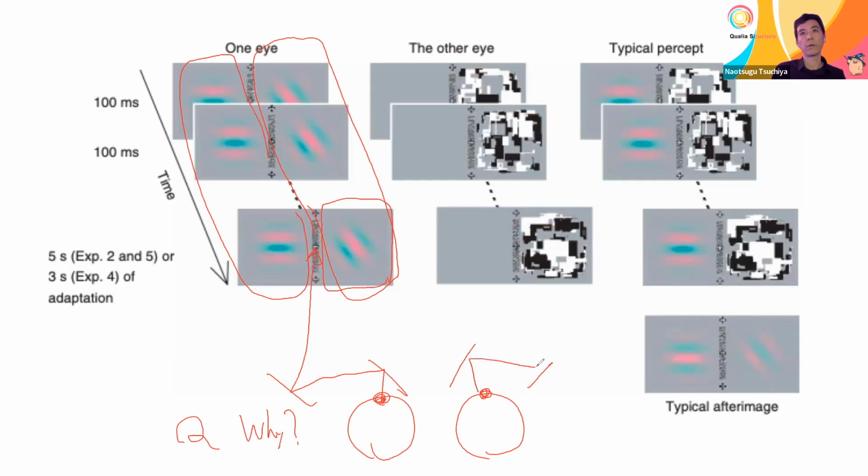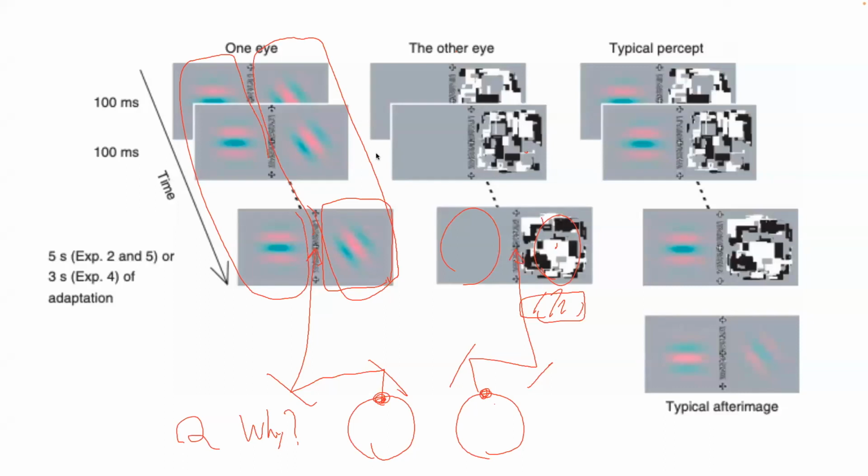So in the other eye, this is all that you're showing. You're not changing this with this and then swapping them. No, the right eye receives only this one or this. There was no swap here. Within the right eye's right side, this side itself was swapped.